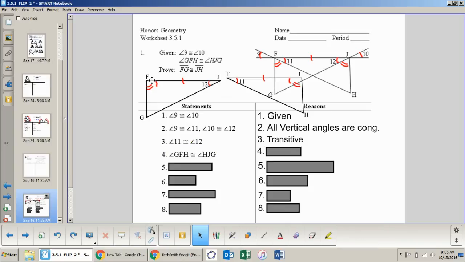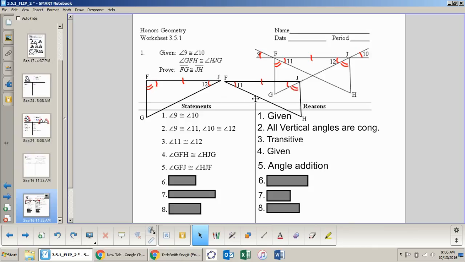So GFH and HJF are the double arc angles. That's enough to give us these full angles out here, GFJ and HJF. That's going to be angle addition. I didn't mark them, but you have a little double and a little single one. There's a ray in here, but we're not interested in that ray when we pull the triangles out.